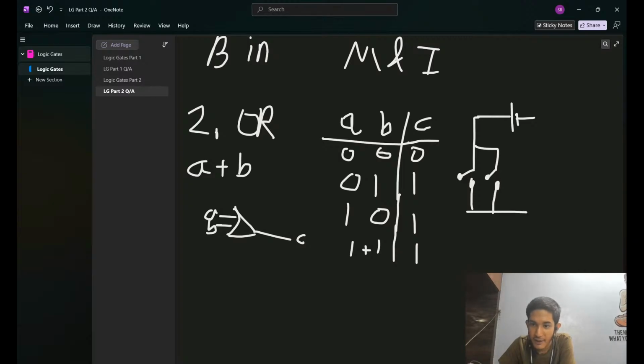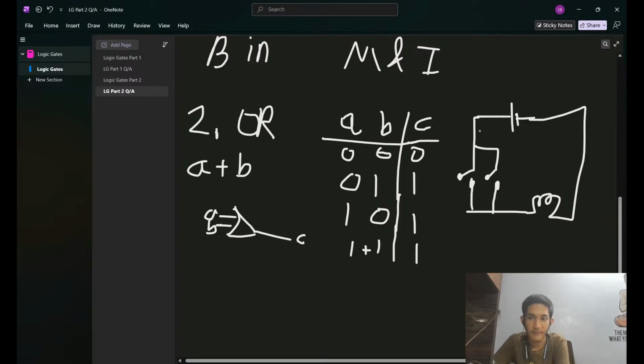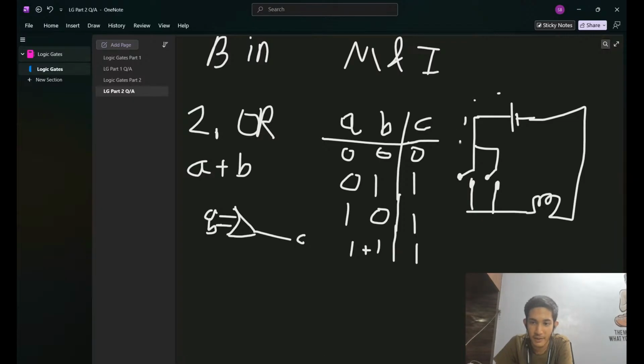So yeah, we have a slight parallel circuit here. Now here, the electricity has a circuit to pass through, even if only one of the switches is closed. So if this switch is closed, it will pass through here. I don't have to draw the full thing. And if this switch is closed instead, then it will pass through here.